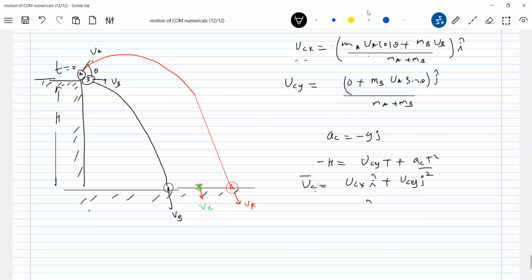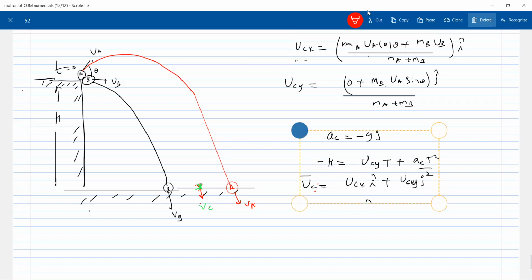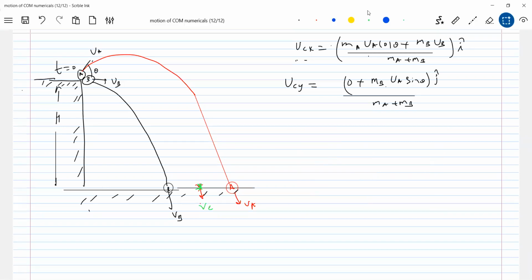Okay, fine. I'm making things like this. Let's take masses different so that you'll get a better picture. They can ask you how to calculate the initial velocity of the center of mass. There's a method. So it should be mA UA sin theta j cap over mA plus mB.